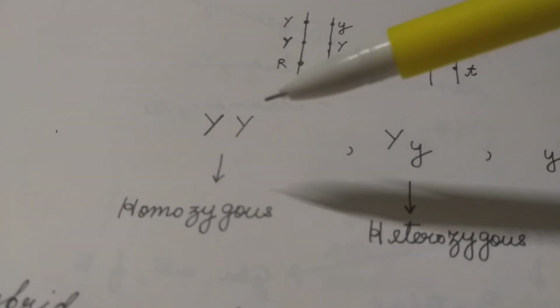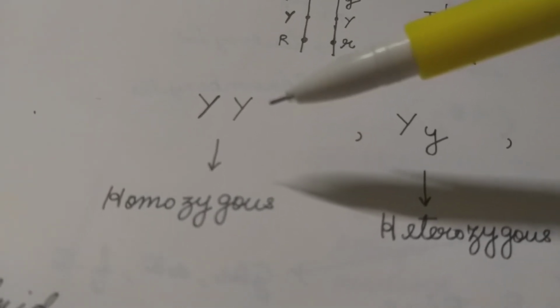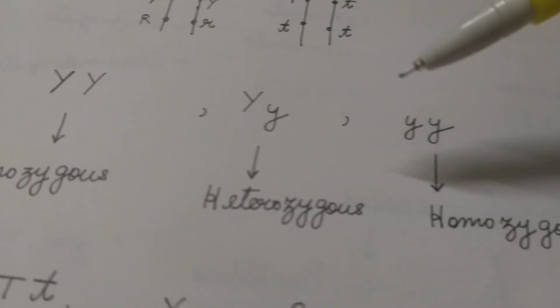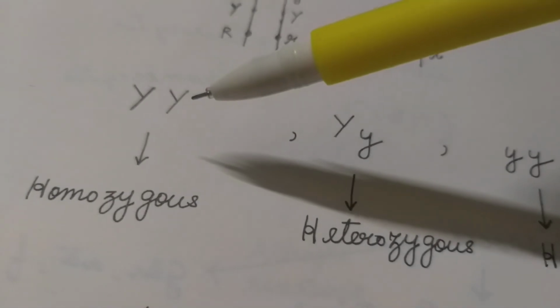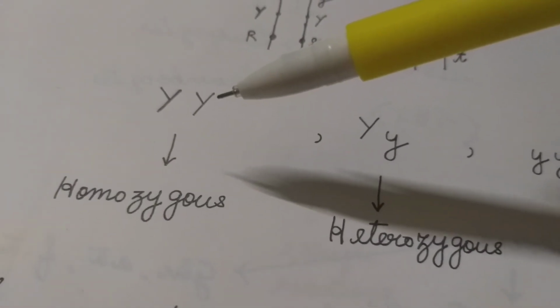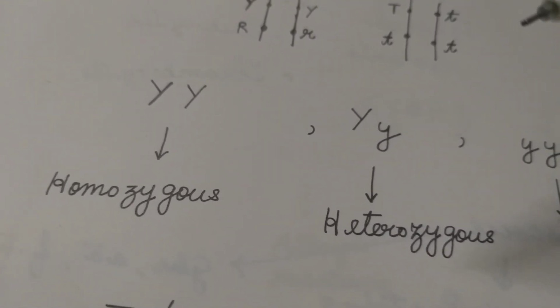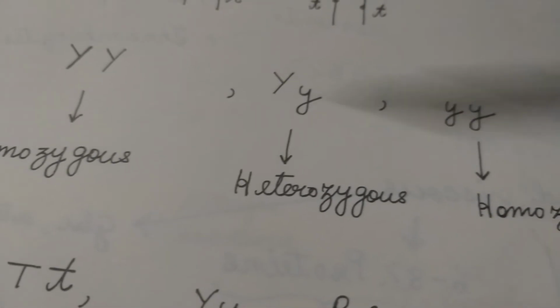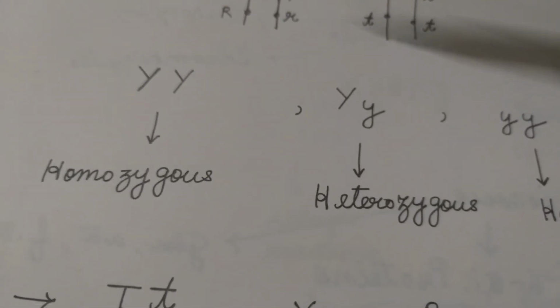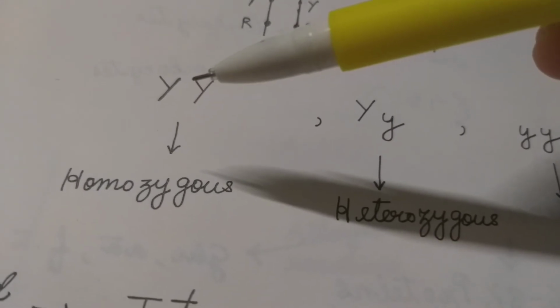So whenever you see two letters, you must understand this is a diploid organism. The two letters actually represent a pair of alleles which are paired. And when you see a single letter, capital Y, capital T, or small r, this means a gamete. Gamete is formed from a diploid organism.